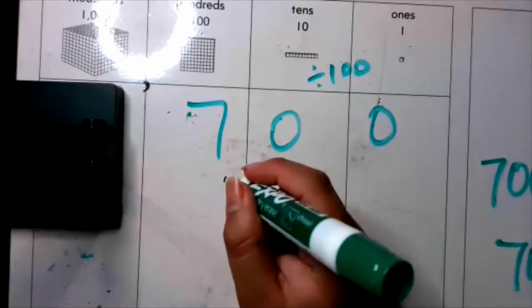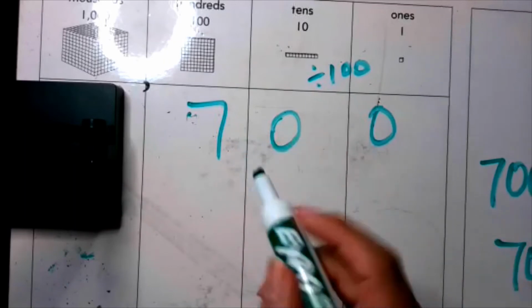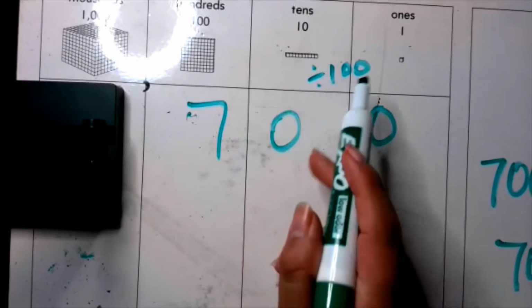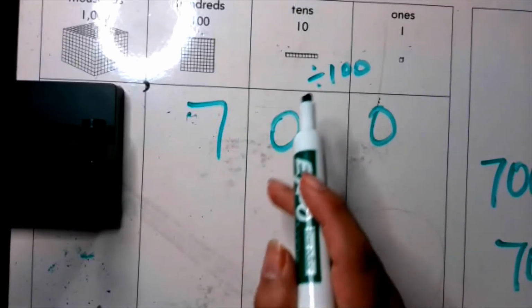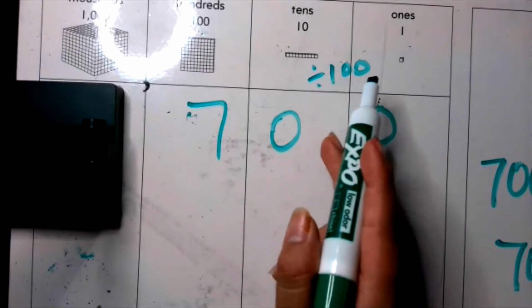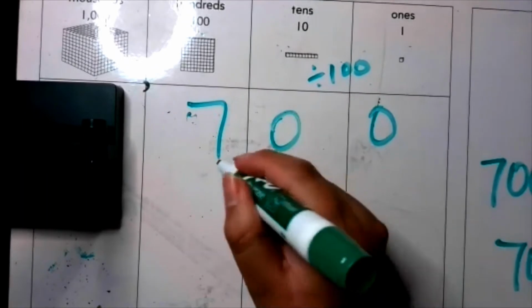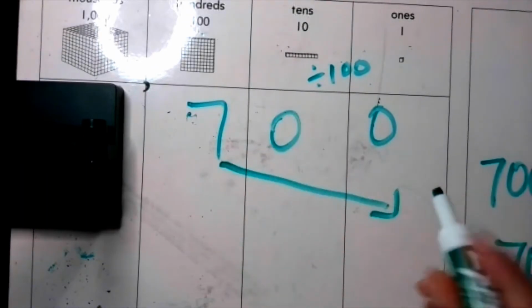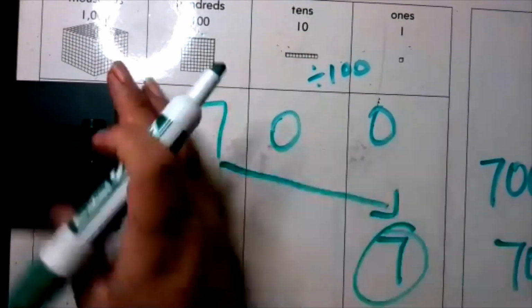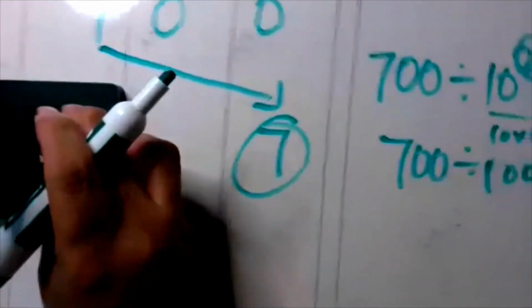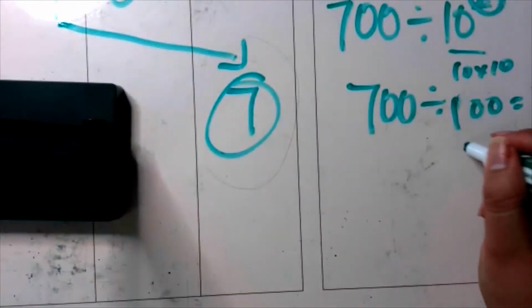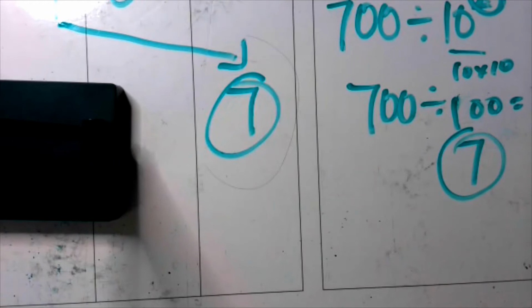We are going to shift over to the right. We're going to shift over 2 to the right because 100 has 2 zeros, and it also is 100 times less. So 7 actually goes to the ones place, and boom, there is our answer. So 700 divided by 100 is 7. All right, easy, easy.